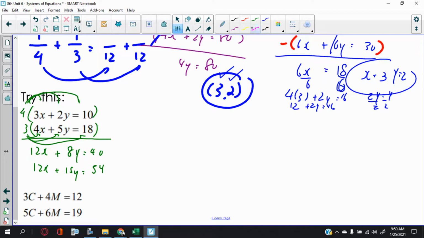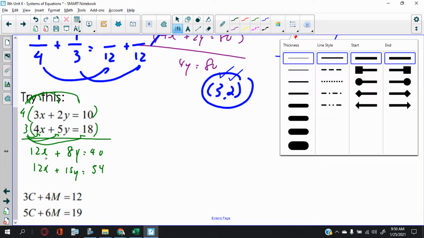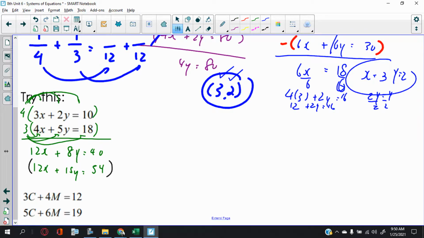Here, I choose to subtract, because these two are the same. So these cancel out, which is the point. 8y minus 15y is negative 7y equals negative 14. Divide both sides by negative 7. That's positive 2.